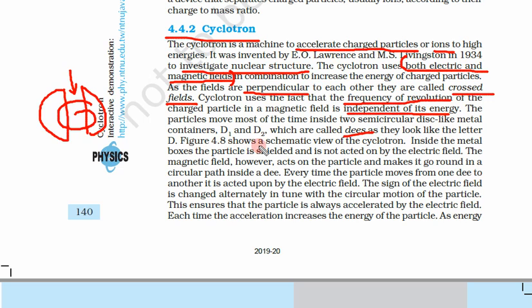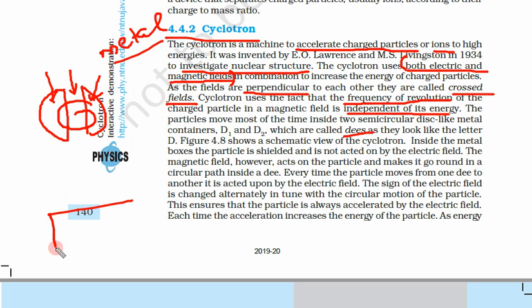In the figure, it shows a schematic view of the cyclotron that we have already discussed. Inside the metal boxes, the particle is shielded. These Ds are made of metal, and we have already learned that inside the metal there is no electric field.